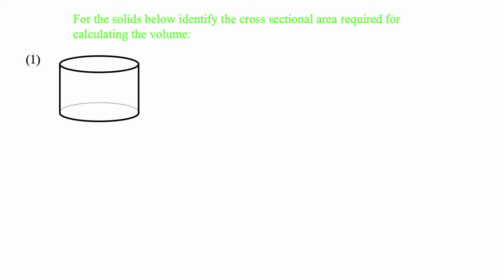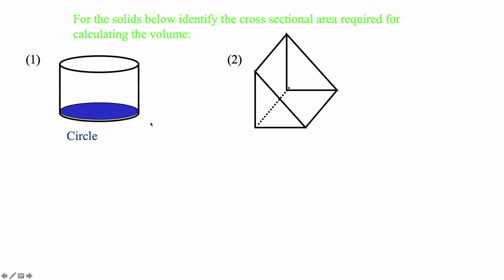So for a cylinder such as this, you will pick the bottom as the base or as the cross-sectional area, because this, highlighted in blue, will be the same if you keep moving it up until the top. For this one, you cannot pick this as base. Why?